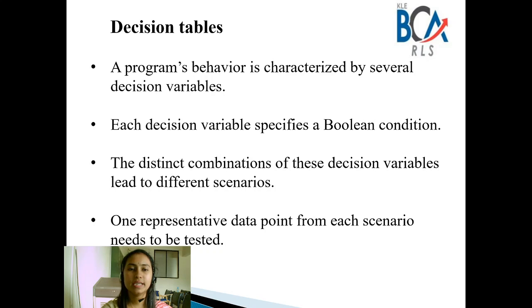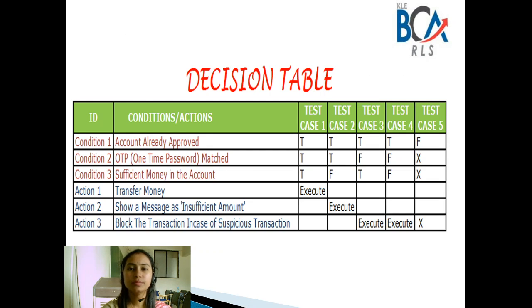So now let us see an example of a decision table. This shows the decision table in a tabular way. Let us take an example of transferring money online to an account which is already added or approved. Okay, and here the condition to transfer money is what? Account already approved and OTP matched and sufficient money in the account.